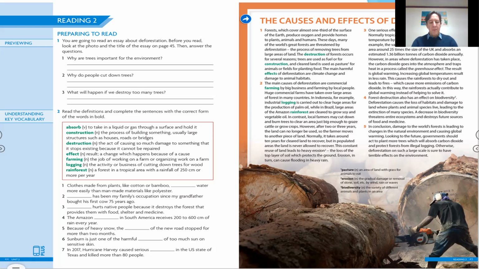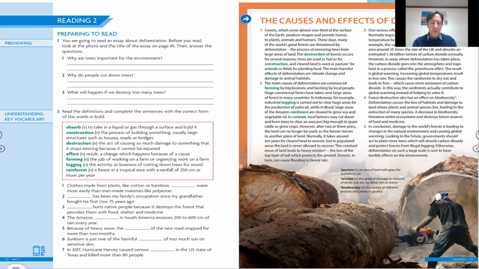Paragraph 2. The main causes of deforestation are commercial farming by big business and farming by local people. Huge commercial farms have taken over large areas of forest in many countries.